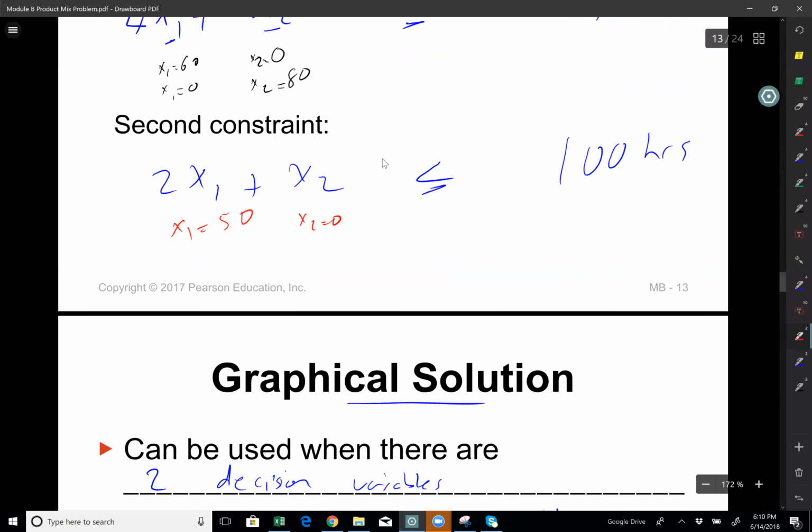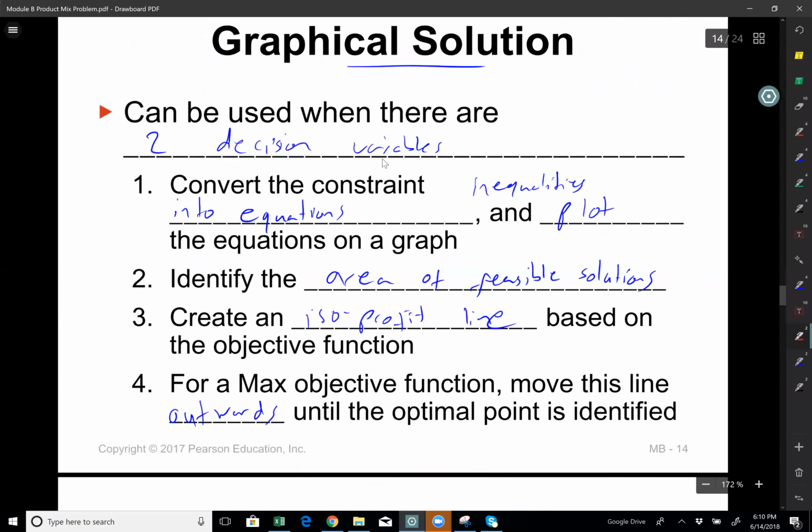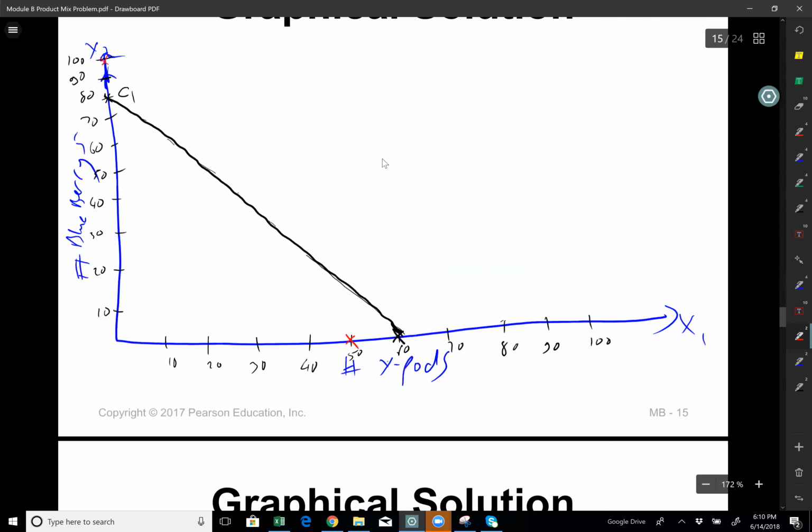And if I put x1 equal to 0, then x2 will be 100. So 0 and 100, which is right here. If I connect these two, this is the linear line for my second constraint. This is my constraint number 2.